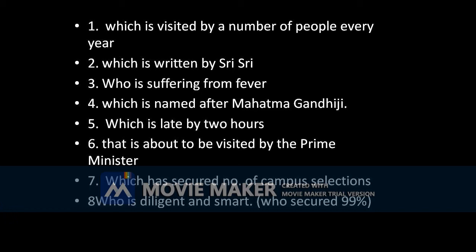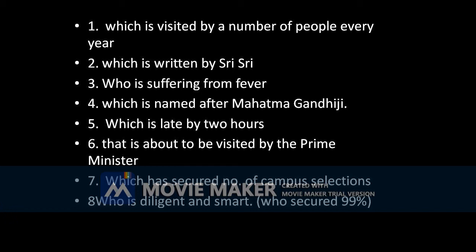What is the first question? This is a peaceful place. How do you combine this sentence? I write that a number of people visit this place every year. So my thought is like that. How do you combine this sentence? This is a peaceful place which is visited by a number of people every year.